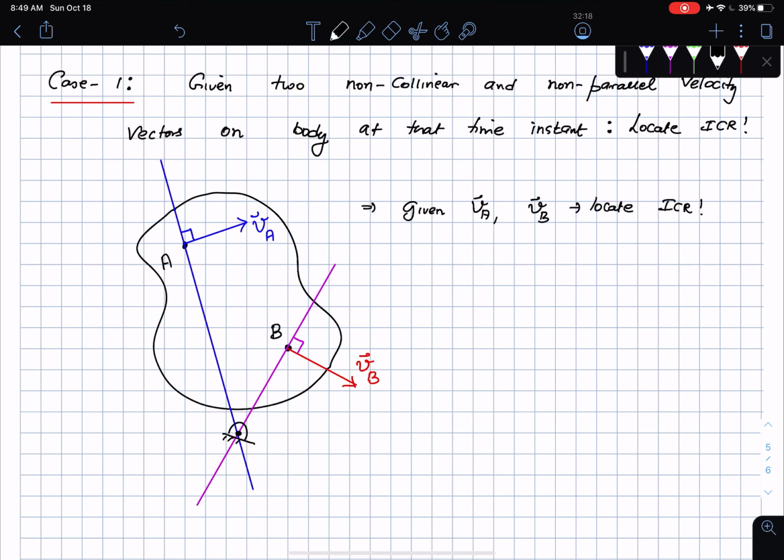And you see that it is not necessary that the ICR be on the body. So this is the location of the ICR.